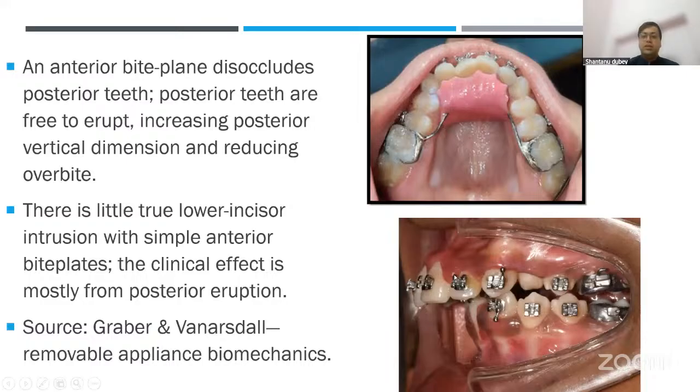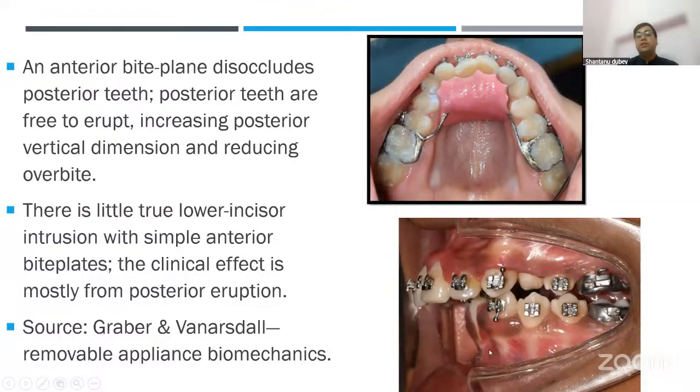Well, you see, this is how an anterior bite plane might look. And you see that there's a gap between the posterior teeth. What this will allow is the posteriors to erupt. Now, when you remove this anterior bite plane, the posteriors have erupted. Now, the occlusion is settled here.